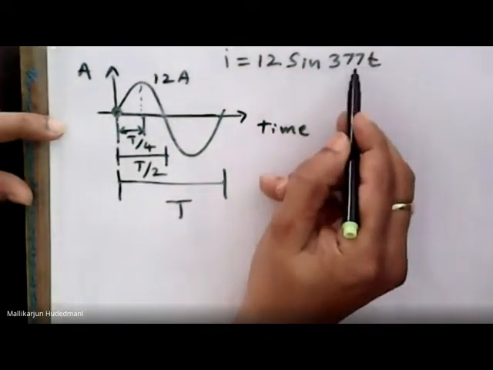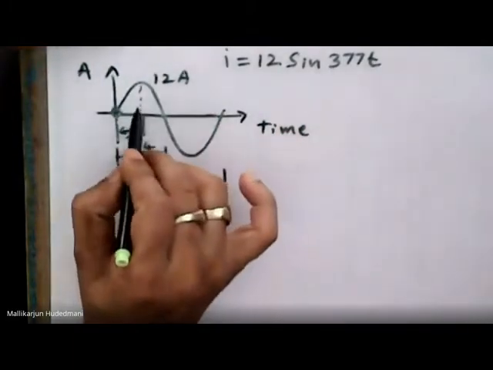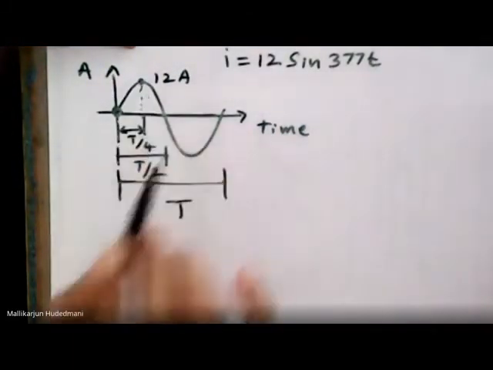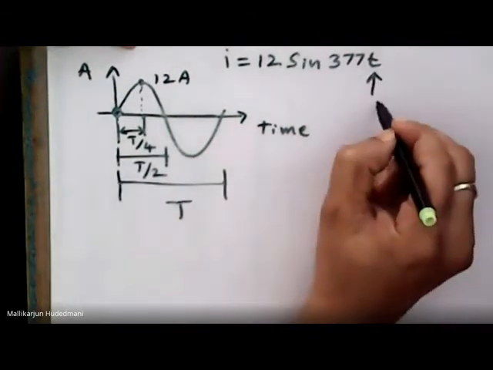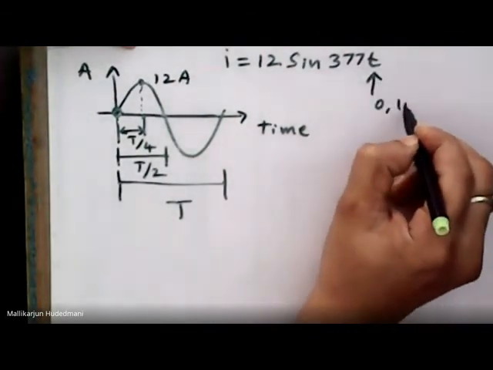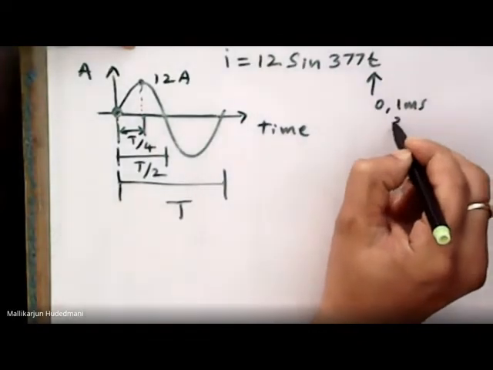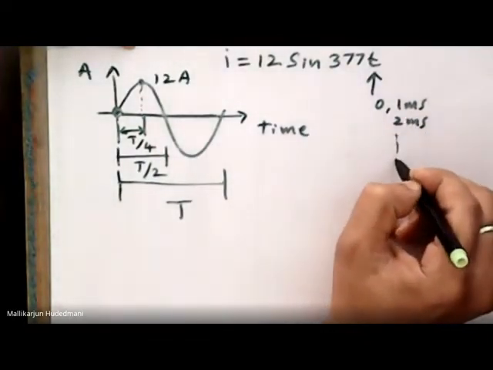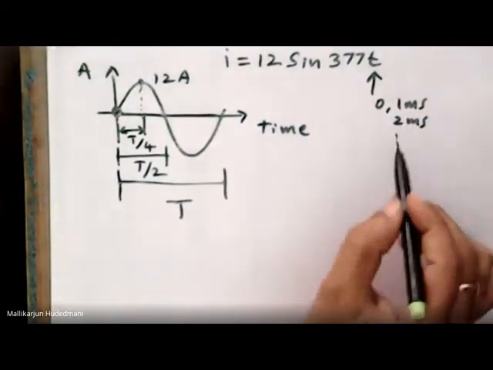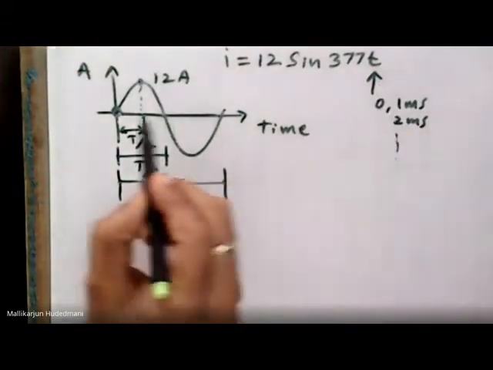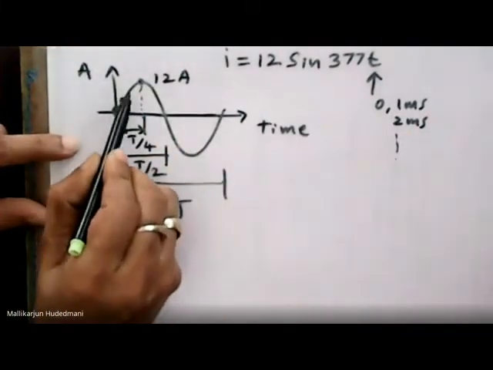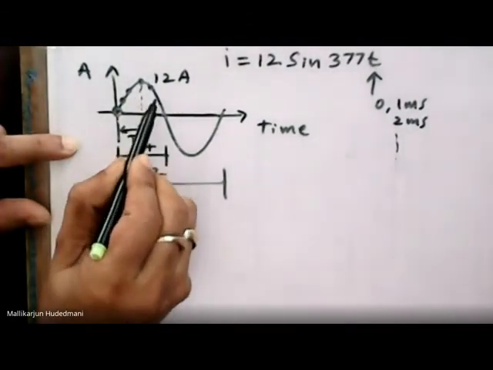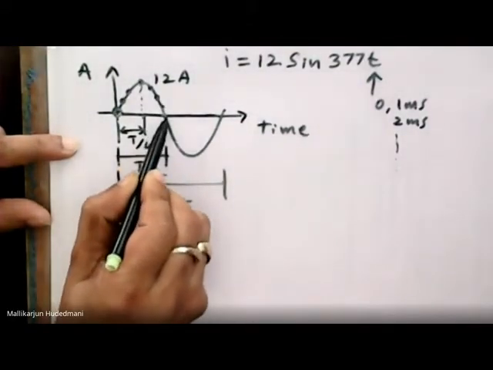This total sine value represents 1. It will be appearing here. It means as the time t changes, t equal to 0, t equal to 1 millisecond, 2 millisecond, 3 millisecond, like this, if the value of t keeps on changing, the points I keep on marking here, here, here, like this.